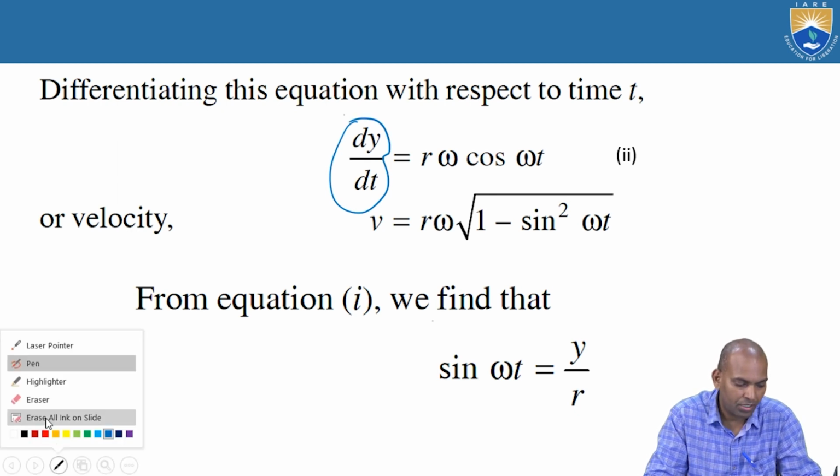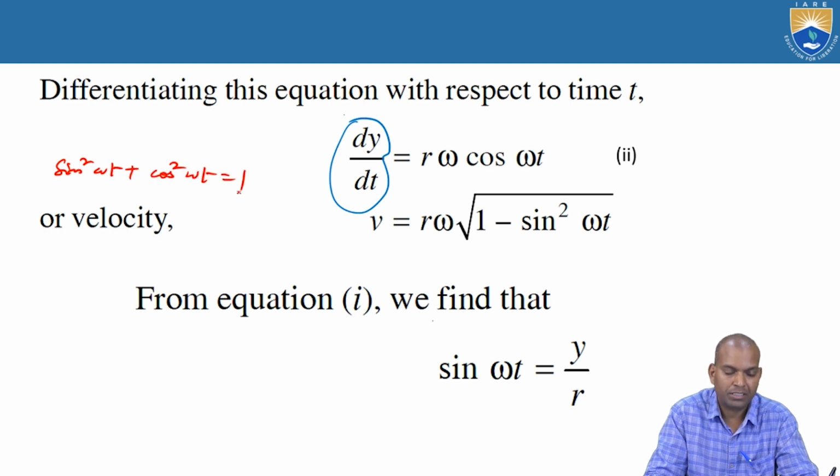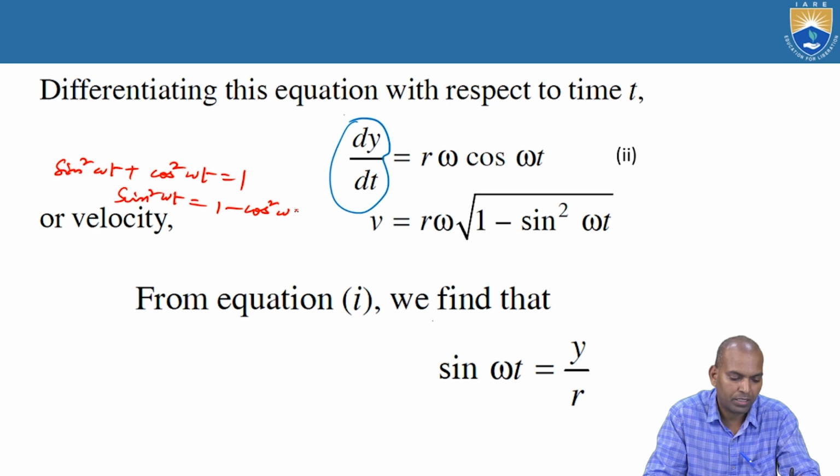Now here the velocity v equal to dy by dt, that is v equal to r omega cos omega t. What is cos omega t? From the trigonometric relations, sin square omega t plus cos square omega t equal to 1, so cos square omega t equal to 1 minus sin square omega t.